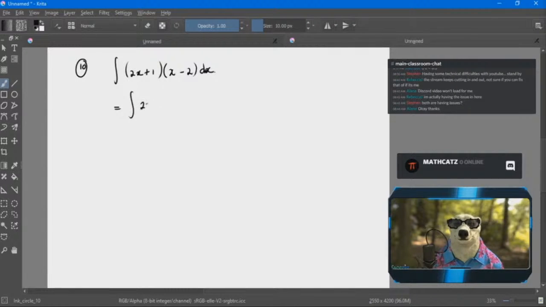So I have 2x squared. I have an x for the inside ones. I have a minus 4x for the outside ones, so minus 3x, and then I have a minus 2. And those are straightforward again. So I need to get these basics down. I can't rush forward to slightly fancier concepts if I don't have the basics down.